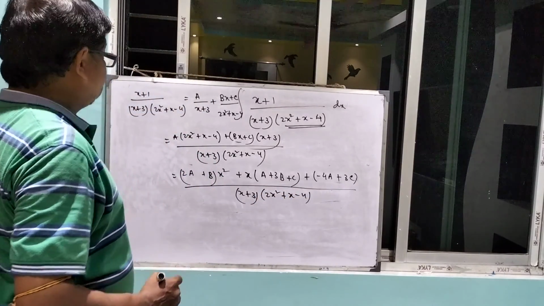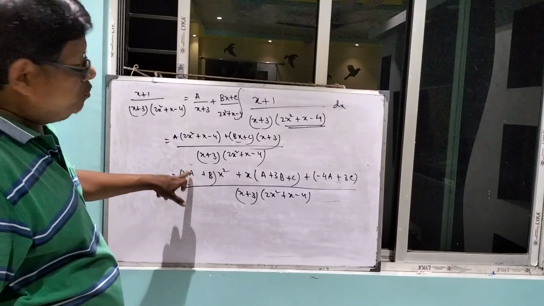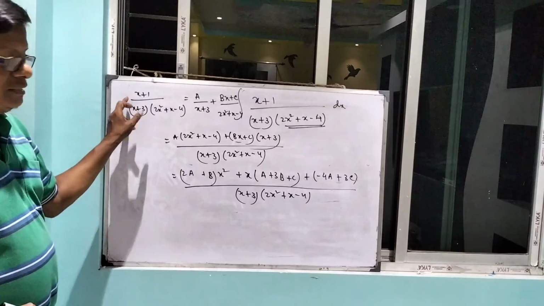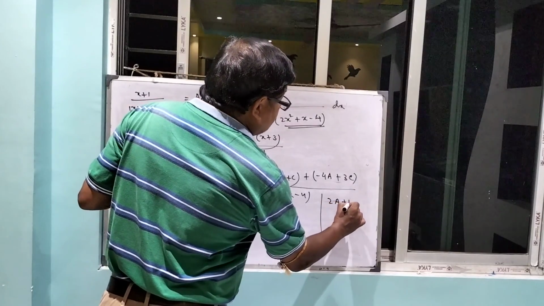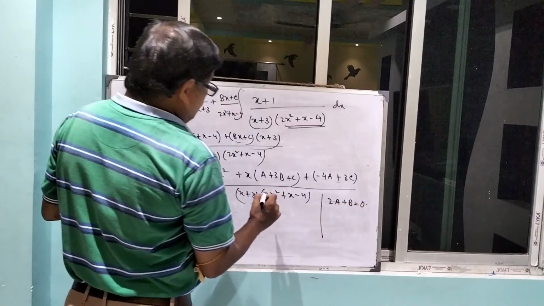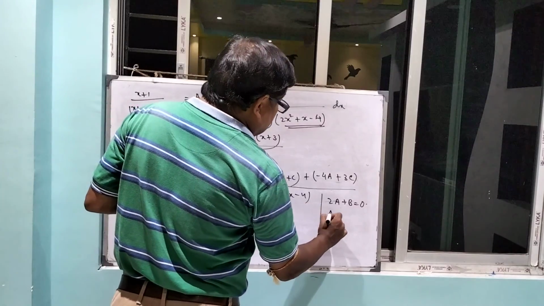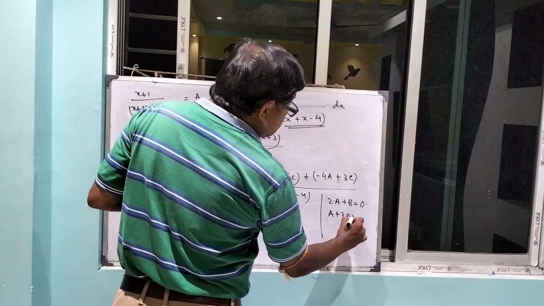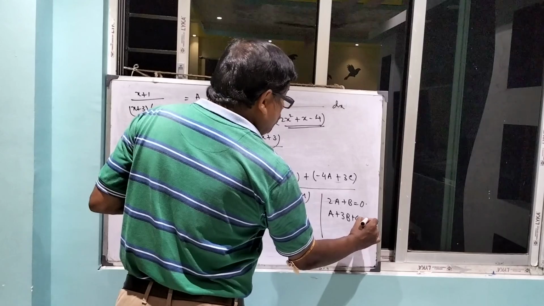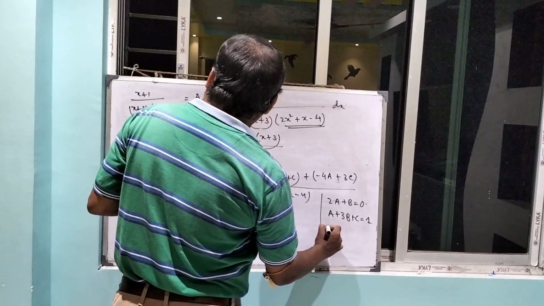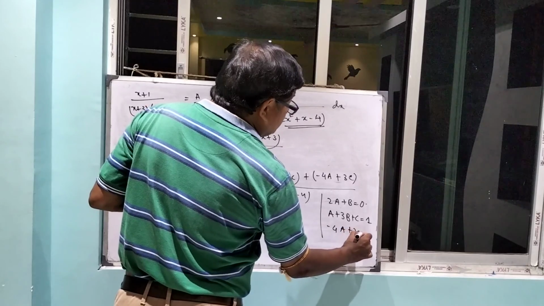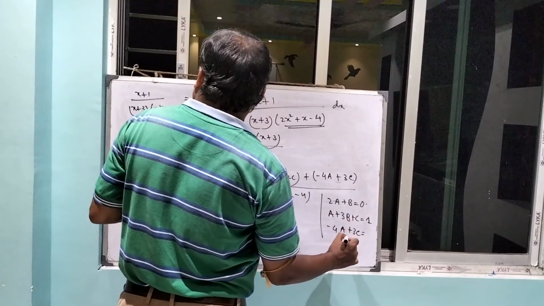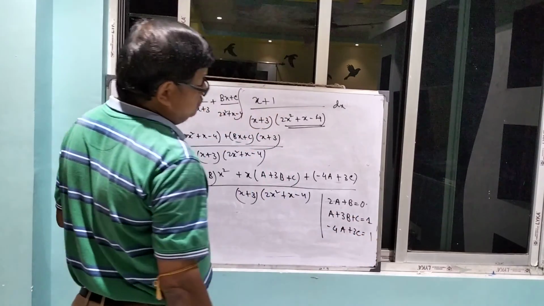Now we compare. 2a plus b will be 0, since no x square coefficient is there. So 2a plus b equal to 0, and a plus 3b plus c equal to 1, and minus 4a plus 3c will be also 1.